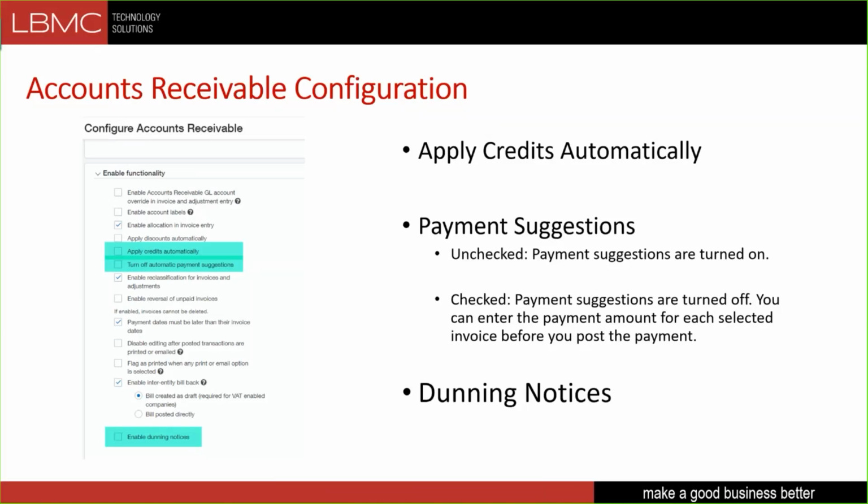But if you check it, then those suggestions are turned off and you can manually enter the payment for each selected invoice before you post it. And then the bottom box relates to the dunning notices that I will get into in more detail.